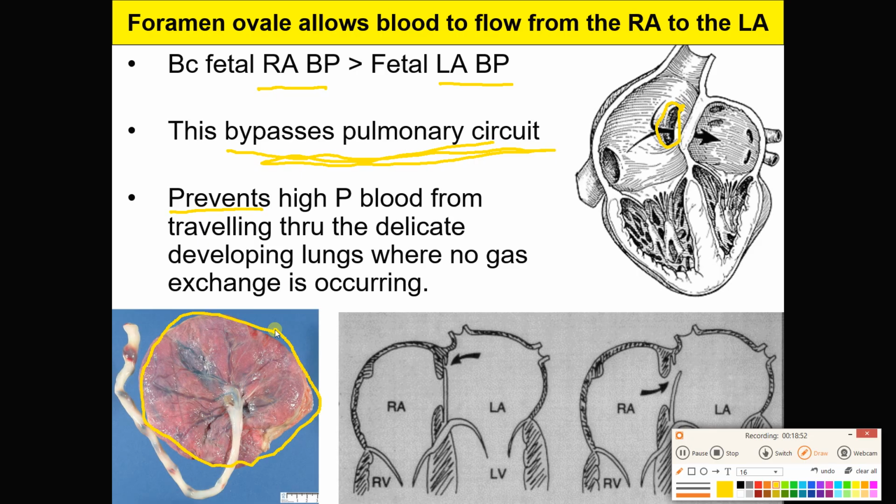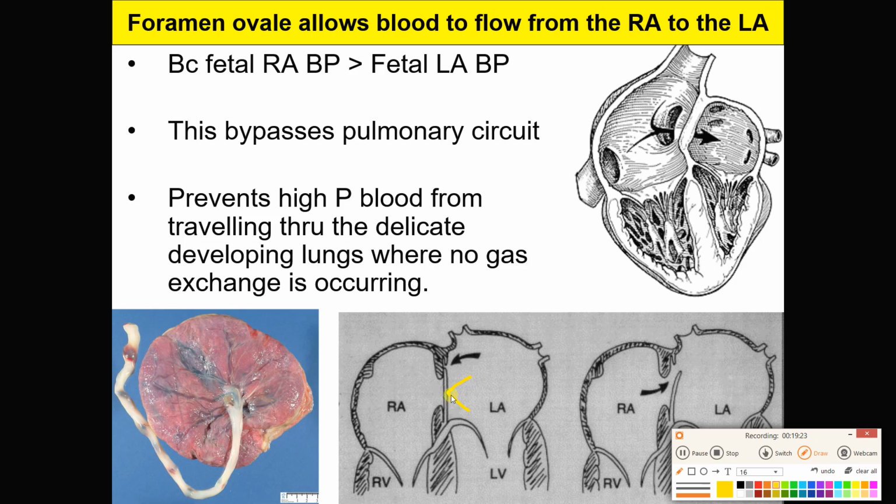Now, here's our foramen ovale. We see it right here. Blood cannot actually go backwards because there's a valve here that prevents it. And when the baby is born and it starts to breathe, all of a sudden this pressure situation flip-flops, and now blood is going to push against this valve, like just push right here.